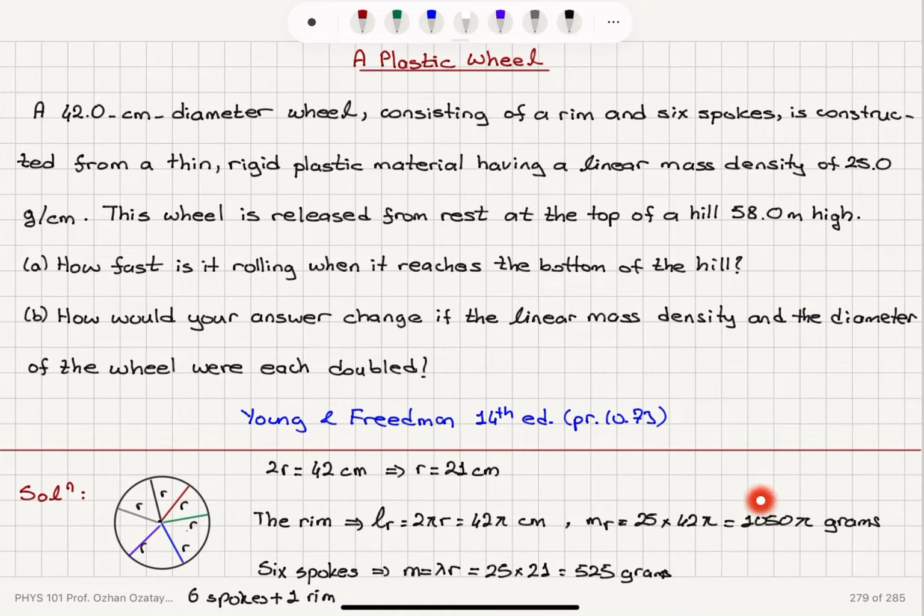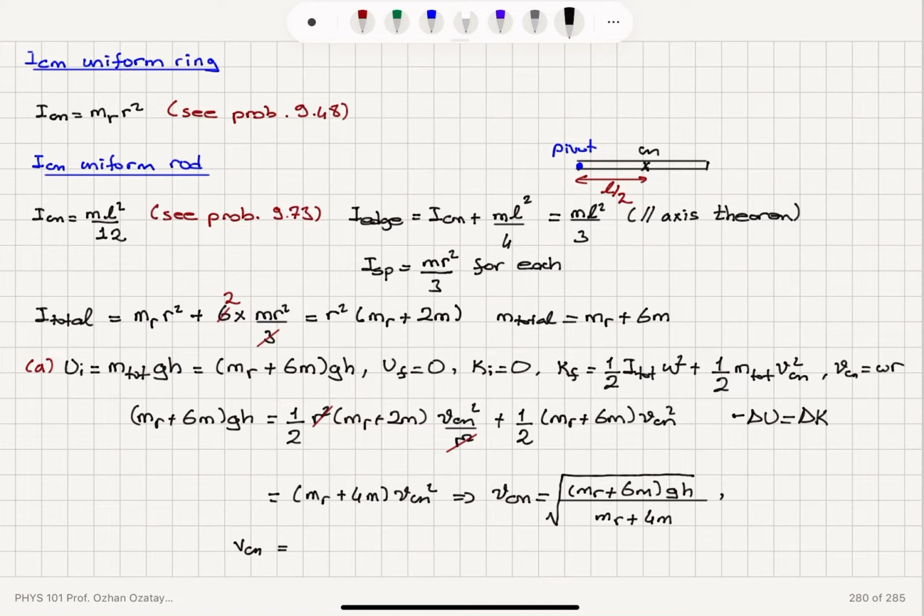It is 1050 pi grams, plus 6 times mass of each spoke, which was 525 grams, times 9.8 meters per second squared times 58 meters where it was released, divided by mass of the rim, 1050 pi grams, plus 4 times 525 grams.